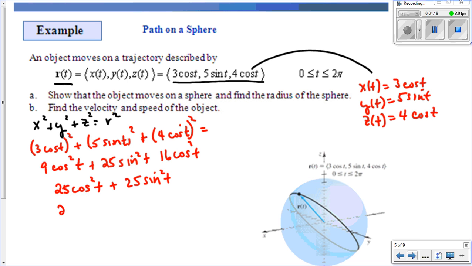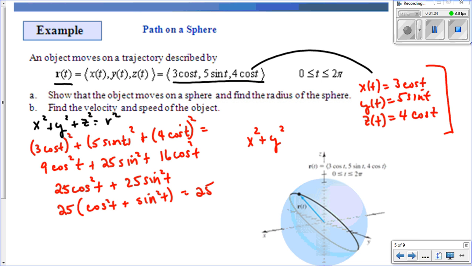And when you factor a 25 out, you'll have cosine squared plus sine squared, which we know is 1, and this gives us 25. So these three functions do satisfy the equation x squared plus y squared plus z squared equals 25. So the motion of that trajectory is on the outside of a sphere with radius 5.